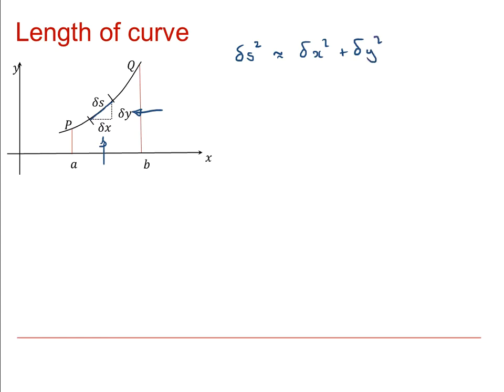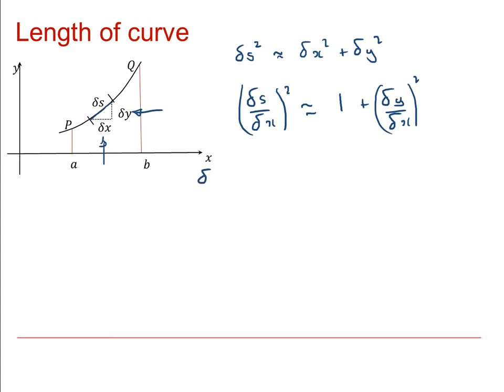So if we then divide through that equation by delta x squared, we get (delta s over delta x) all squared will be approximately equal to 1 plus (delta y divided by delta x) all squared. But this is now a limiting thing that we can look at, similar to when you found areas under curves.